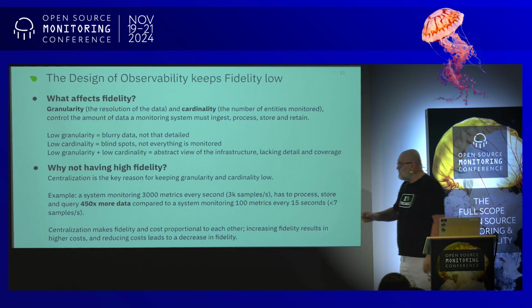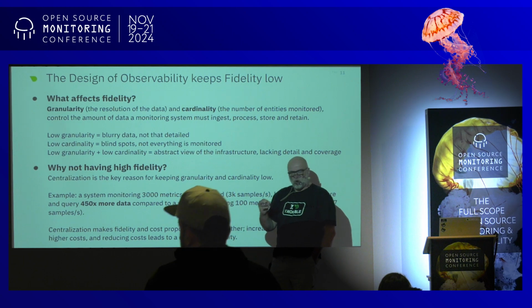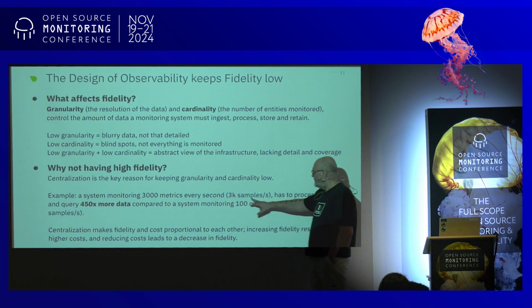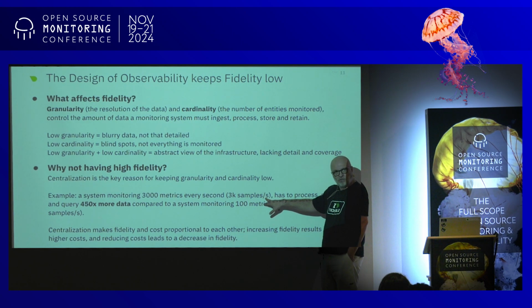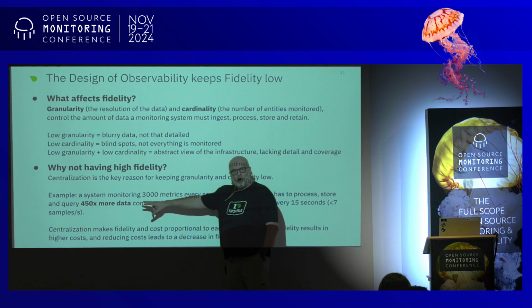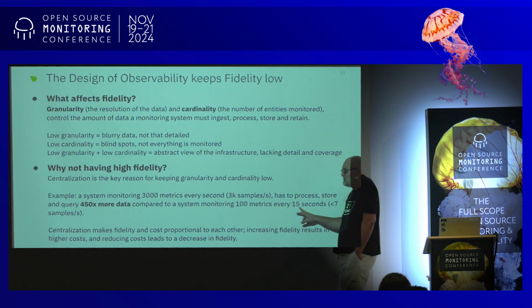Now, I have an example to understand why it's such a big problem. If you collect 3,000 metrics every second, so 3K samples per second, you are doing 450 times more work compared to a system that collects 100 metrics every 15 seconds.